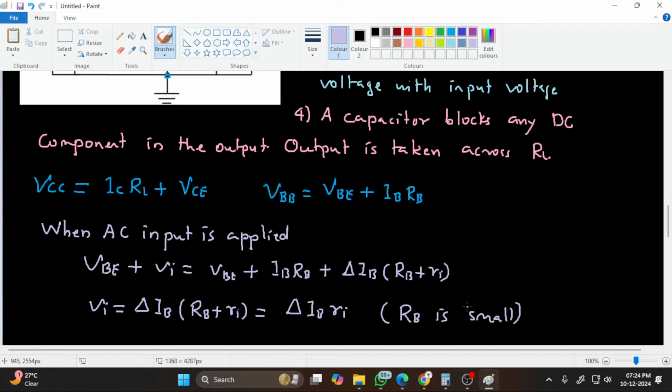The AC current gain beta AC is almost the same as DC current gain, that is beta DC.